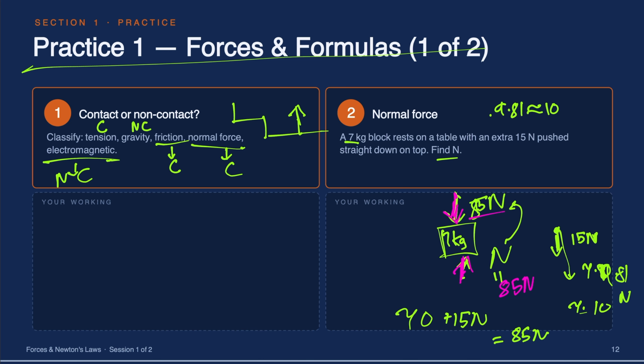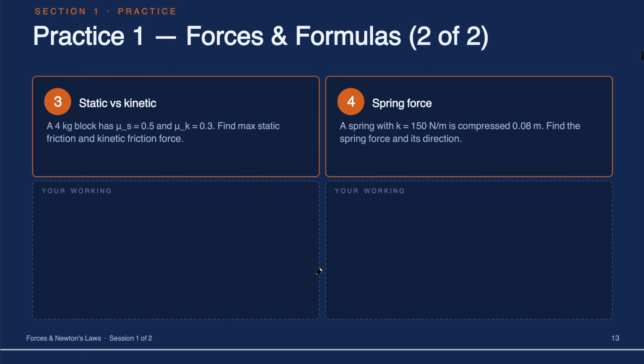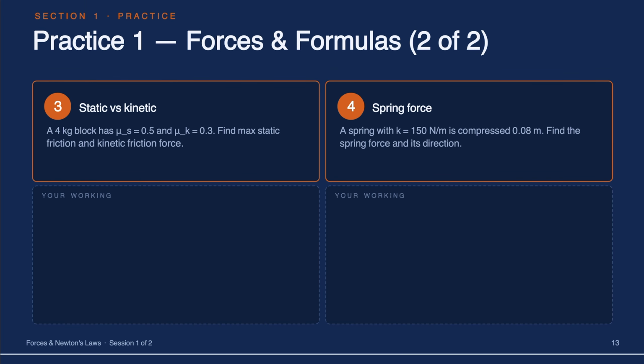All right, so now let's go on to the other two. Static versus kinetic. A 4 kg block has mu s equal to 0.5 and mu k equal to 0.3. By the way, it's pronounced mu, so MEW. Find static friction and kinetic friction force.